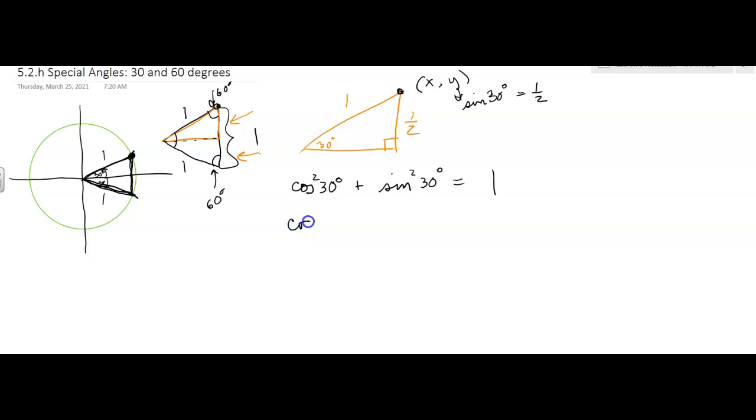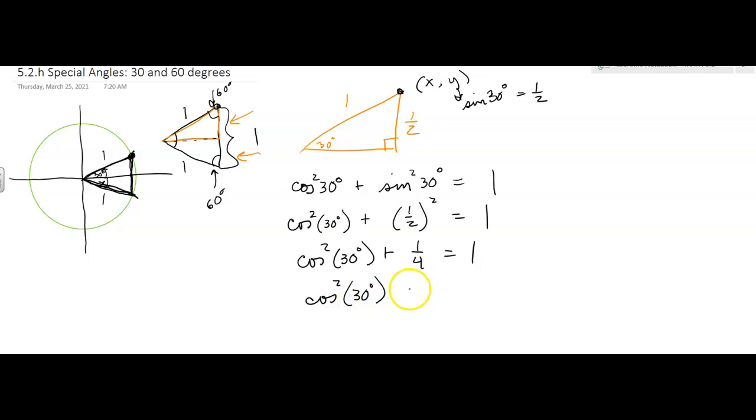Okay, so cosine squared of 30 degrees plus 1/2 squared equals 1. And then you're going to say cosine squared of 30 degrees plus 1/4 equals 1, or cosine squared of 30 degrees, this is the fun trigonometry here, equals 3/4.